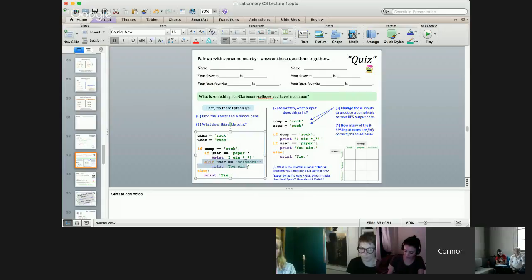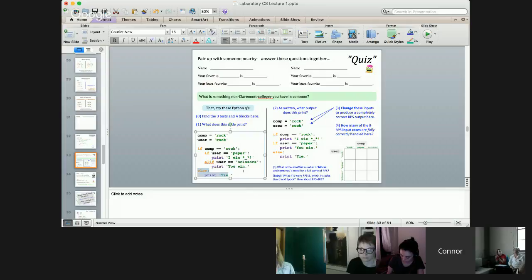So yeah, we have 4 blocks here. We take this conditional and run all of this code, which is controlled by this. Within this block, there are 2 blocks: this if block and this else block.